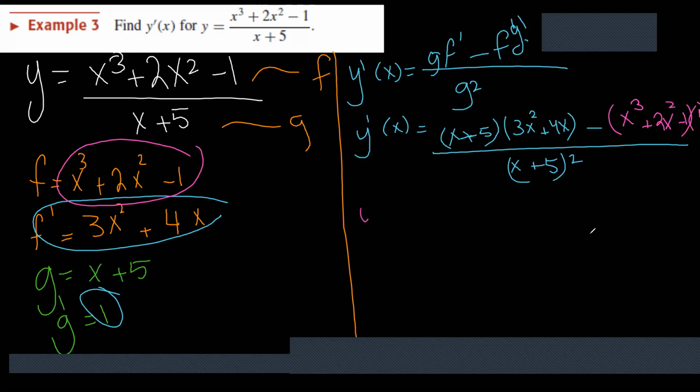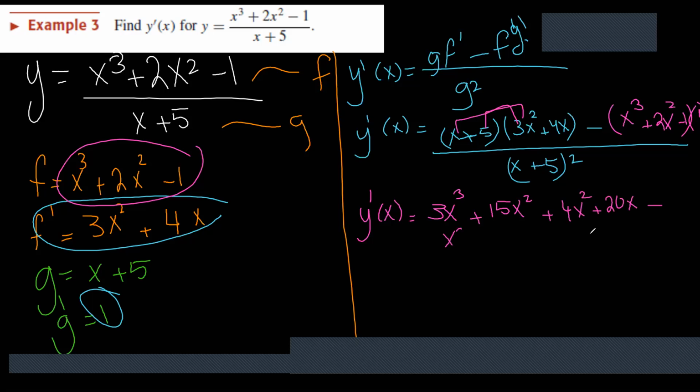Then y prime of x is, let's now, 3x squared times x is 3x cubed, 3x squared times 5 is 15x squared. Let's multiply them. So it says 3x cubed plus 15x squared plus 4x times x, it is 4x squared, and 4x times 5, it is 20x, minus x cubed plus 2x squared minus 1.